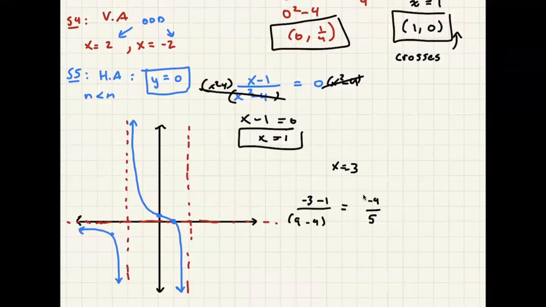You can find out what happens when x equals 3: 3 minus 1 over 9 minus 4, which gives you 2 over 5, right? So smaller here. But you should know that because our asymptote has odd multiplicity, since we're going down, we have to come from the top. So we're going to draw our graph going like this, and that is our sketch.